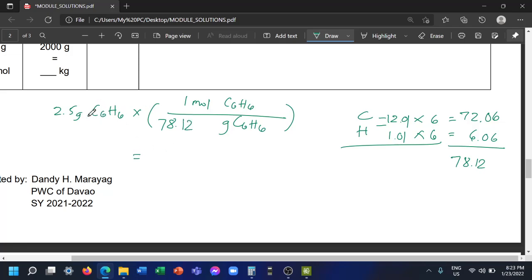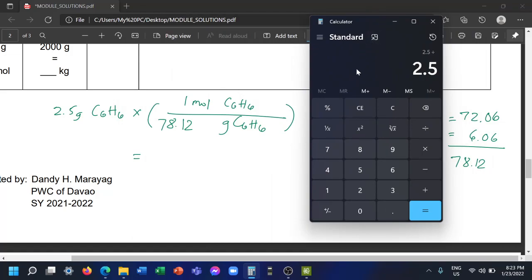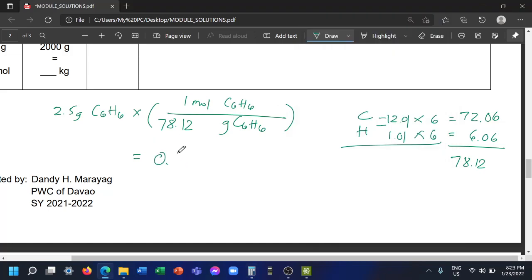Then we are ready to find out the number of moles. That's 2.5 divided by 78.12. 78.12 is equal to 0.032 moles.